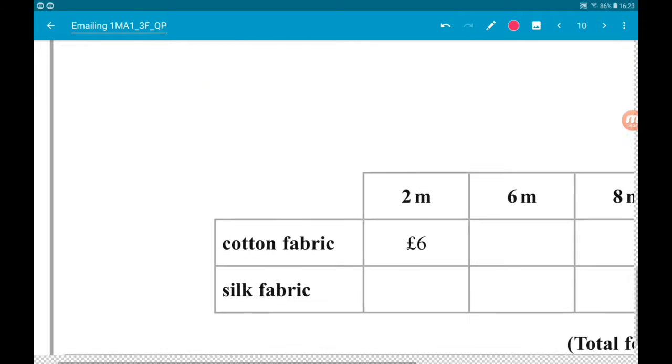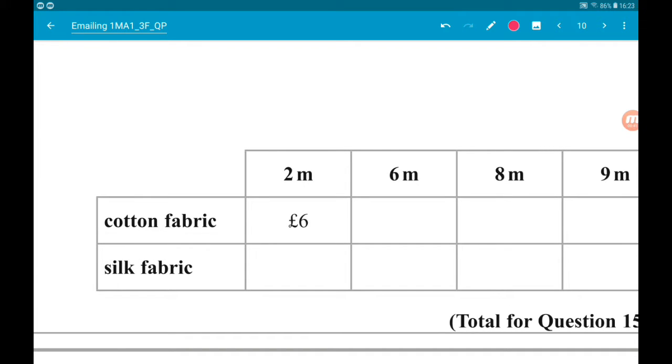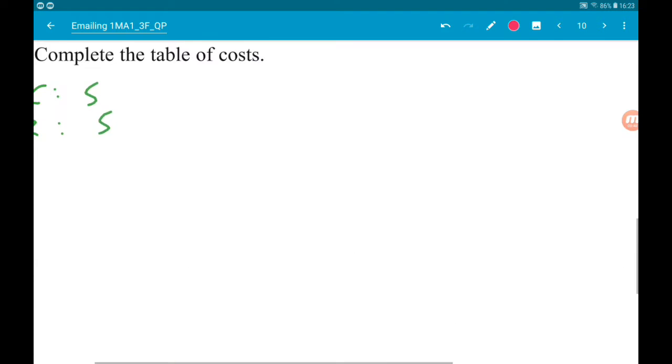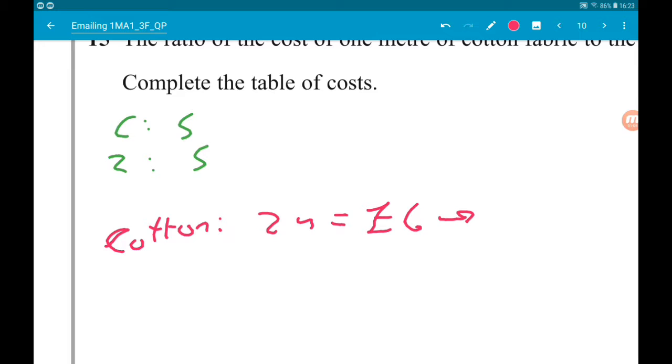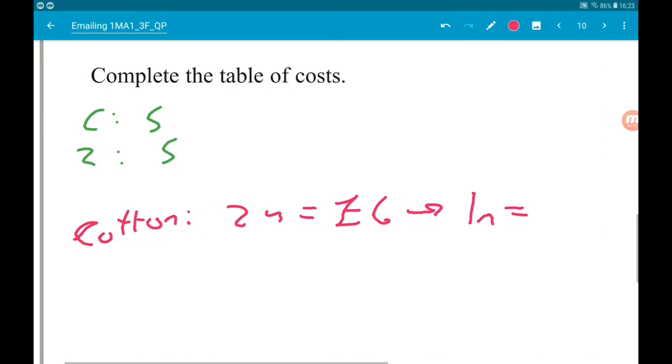Okay, so we can see that for cotton, 2 meters costs £6. So, for cotton, £2 costs £6. Now that means that 1 meter costs £3.